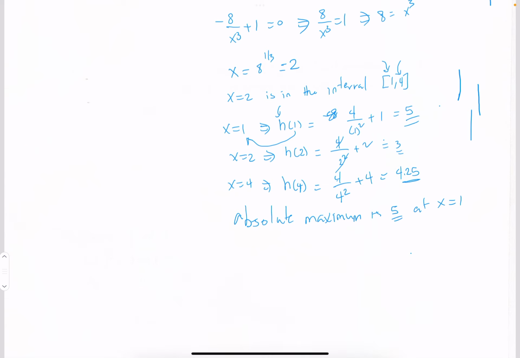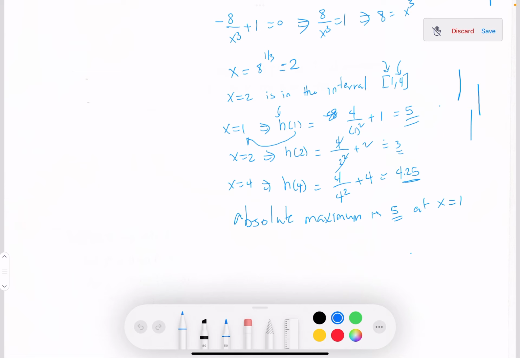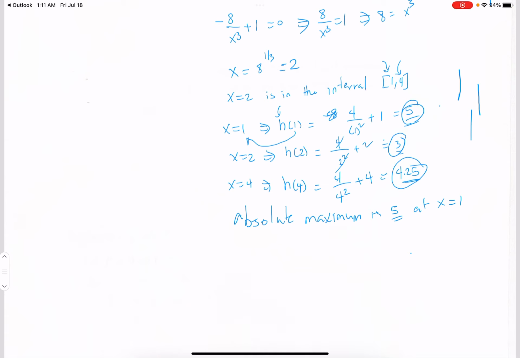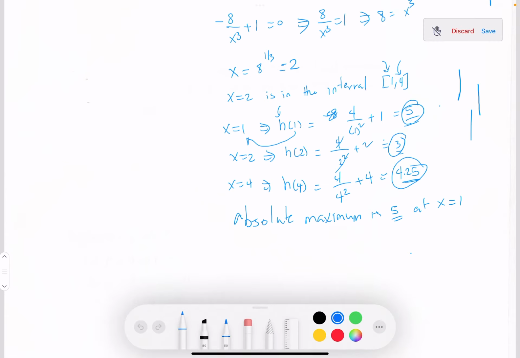What is the absolute minimum? Well, among 5, 3 and 4.25, the minimum is 3. So the absolute minimum is 3, and this is at x equal to 2.